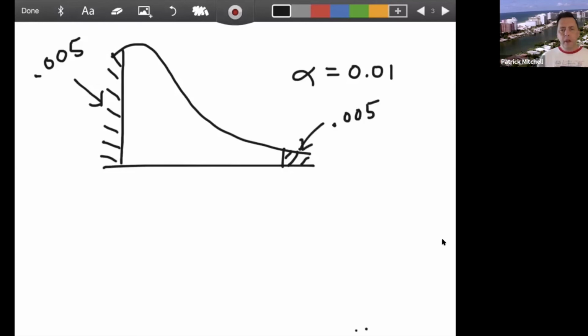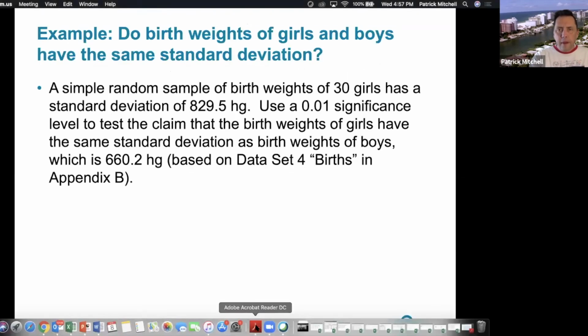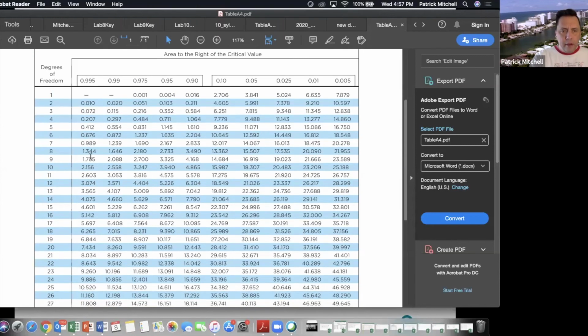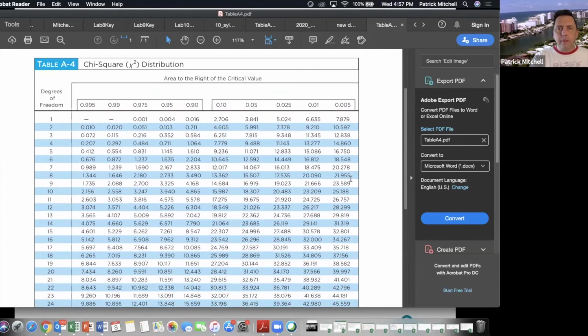Okay. All right, so now I'm going to go over to table A4. So we are at 29 degrees of freedom. So I'm going to place that so that it's right on the bottom. Well, first of all, let me point this out.